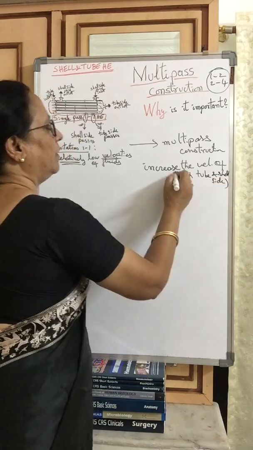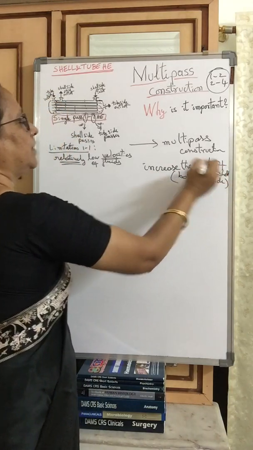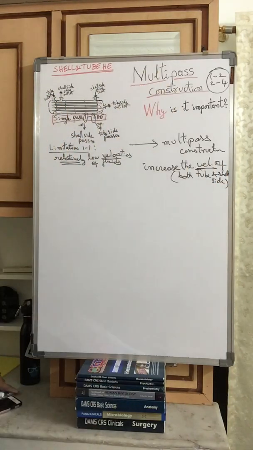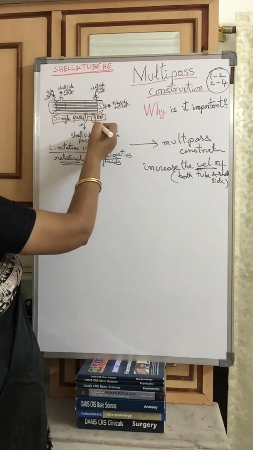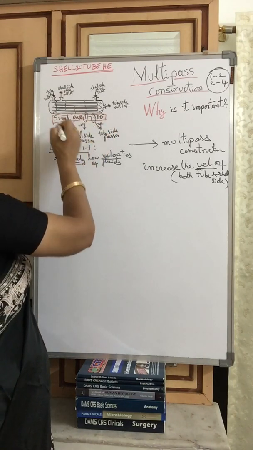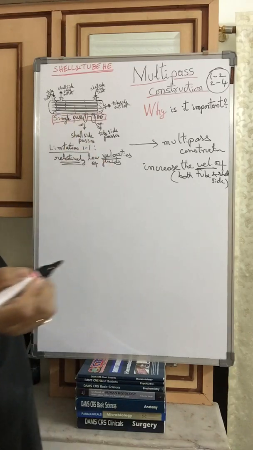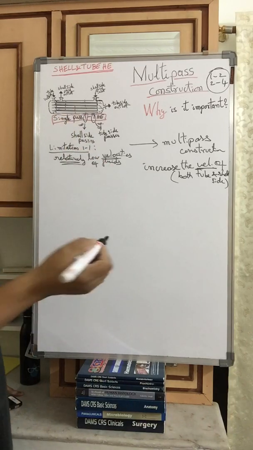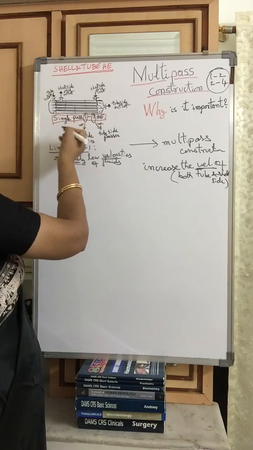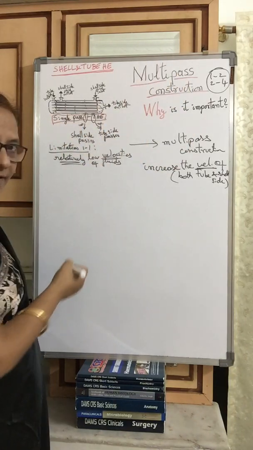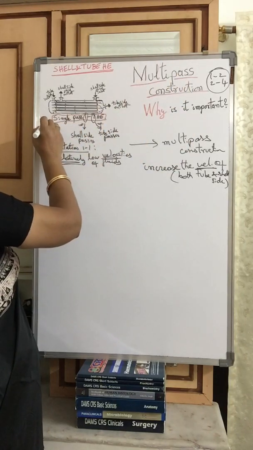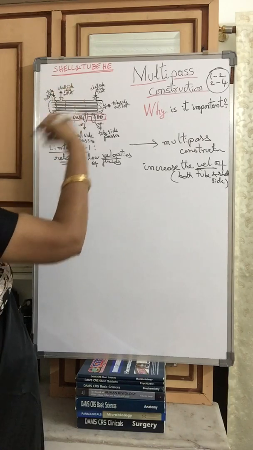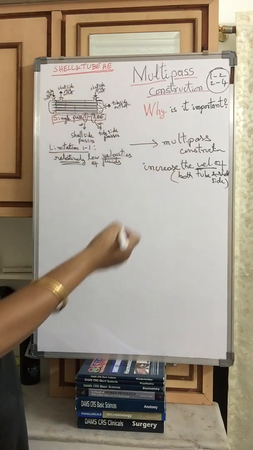By increasing the velocities we can overcome this limitation. Then how do we increase the velocity? You can easily guess: we can simply pump the fluids at higher flow rates.